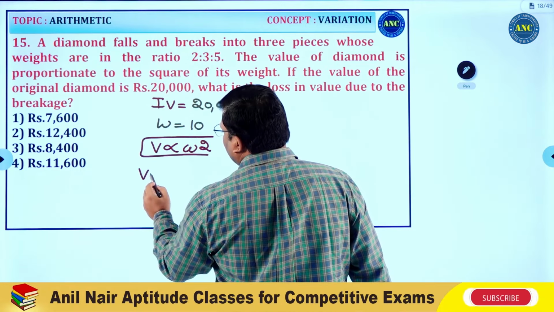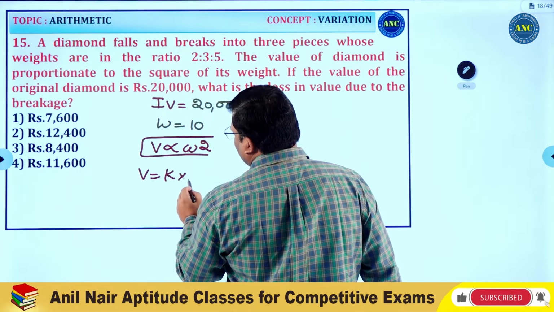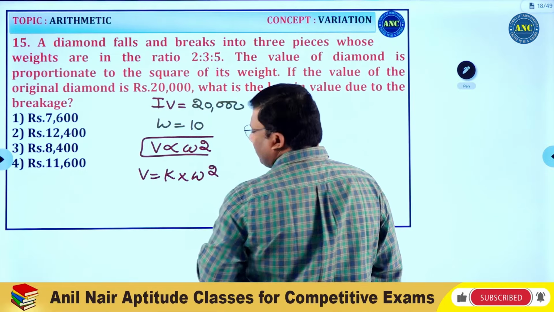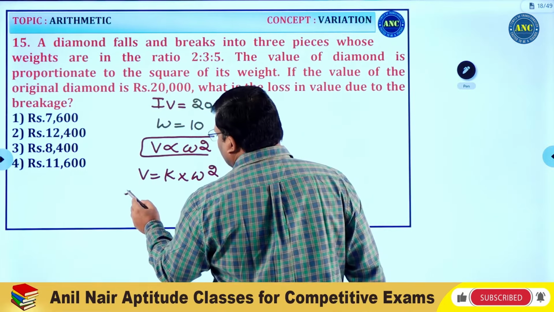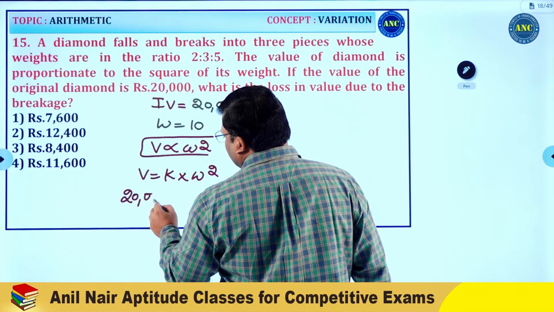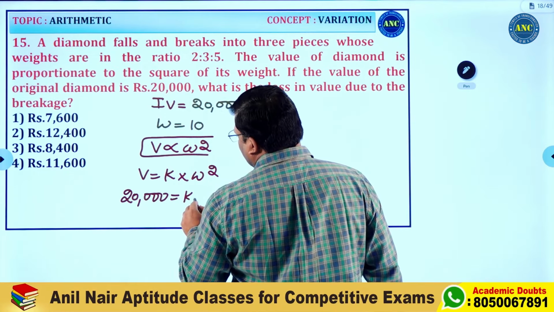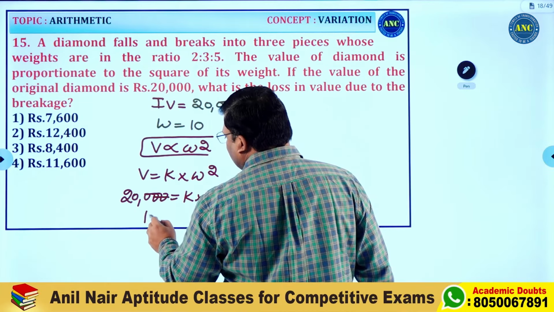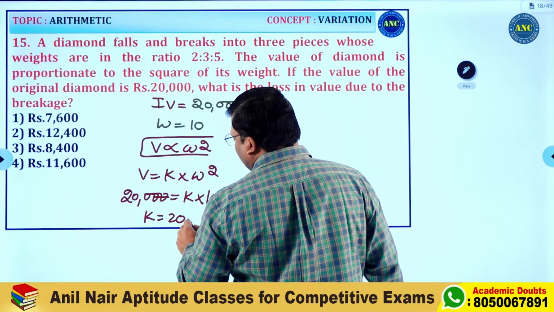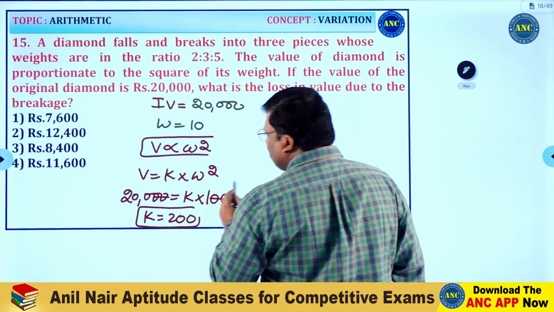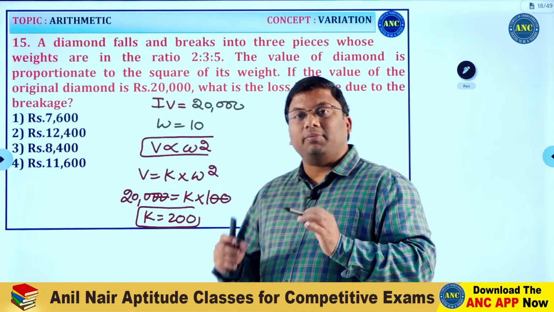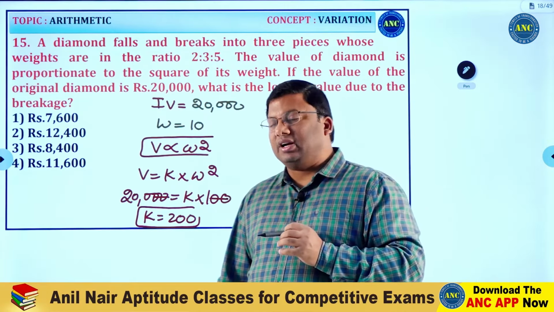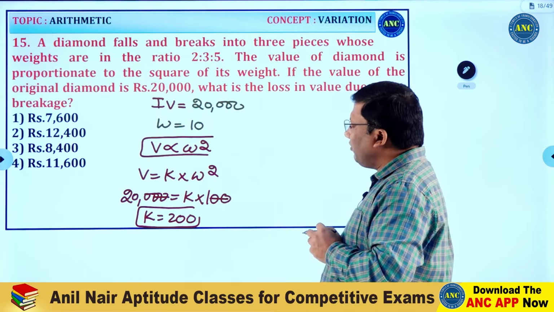So value is K into W square. 20,000 is K into 10 square, which is 100. 2 zeros cancel. K is 200.